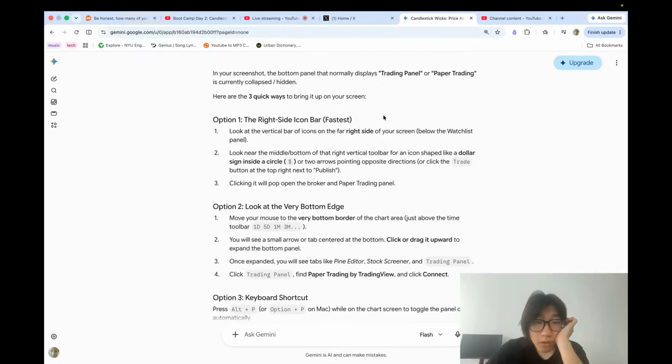Look at the very bottom edge. There is a small arrow. Click or drag it up to expand.